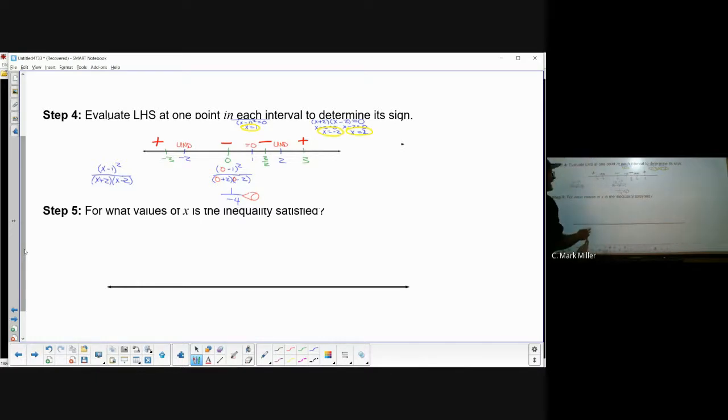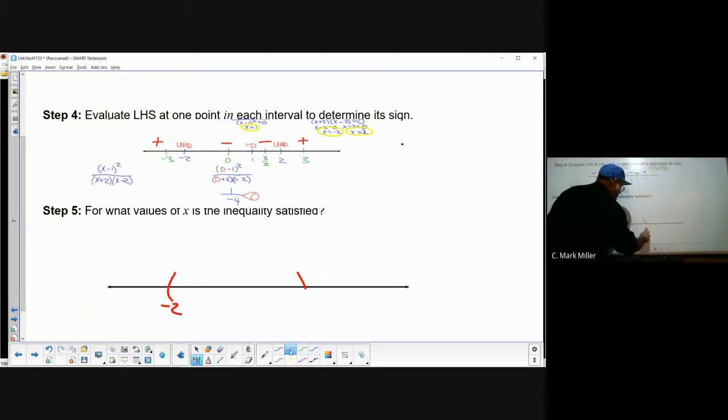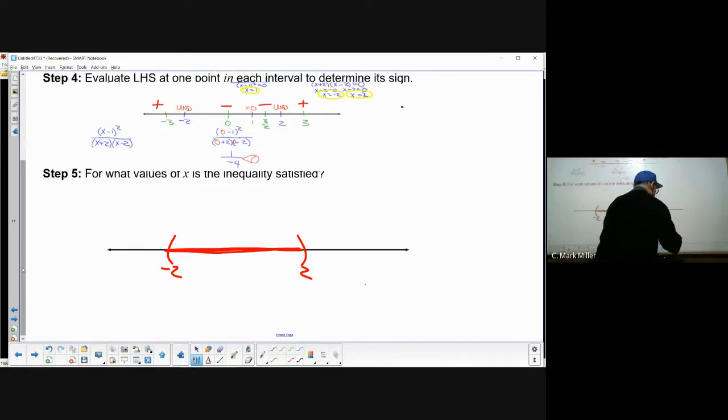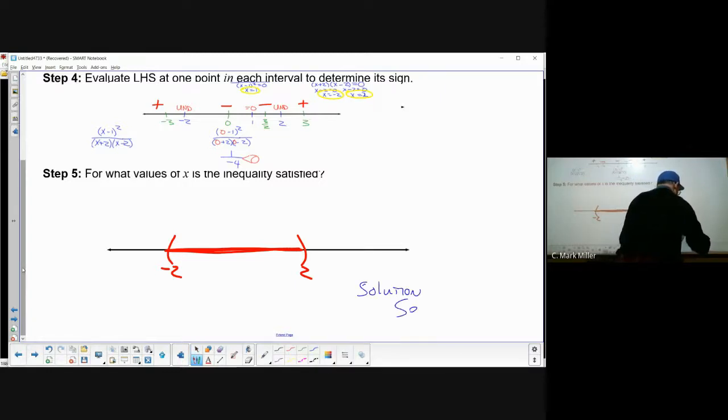So it was satisfied from minus 2 over here to 2. It's positive out here, positive here, and at these two endpoints, it's undefined. So one thing simple about this problem is the solution set graph is that. And the solution set is just minus 2 to 2.